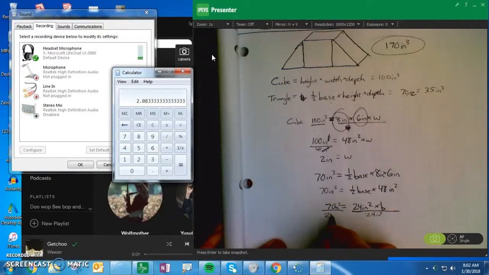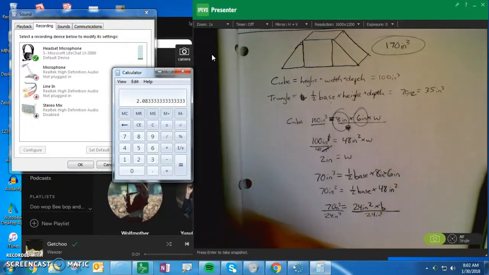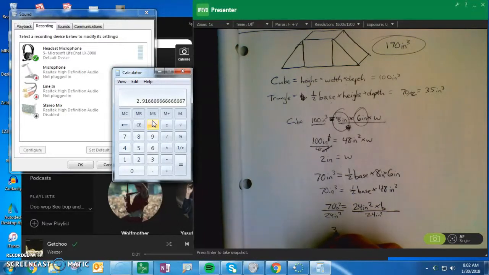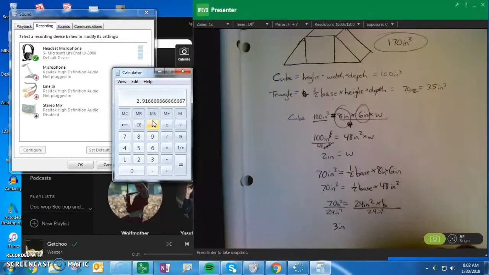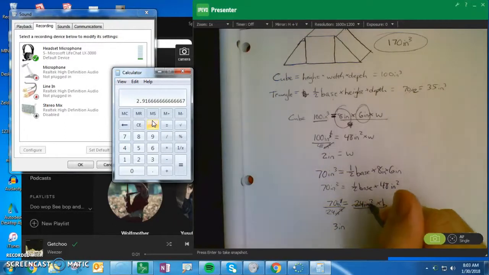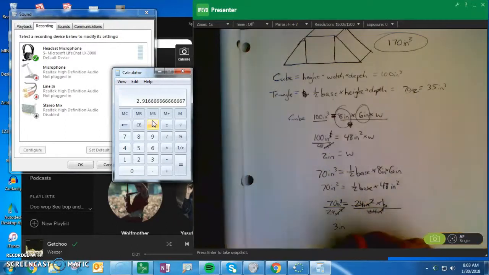Now using my handy dandy calculator, I'm going to round this up to 3 inches. 24 inches squared cancels out entirely. So 3 inches equals the base.